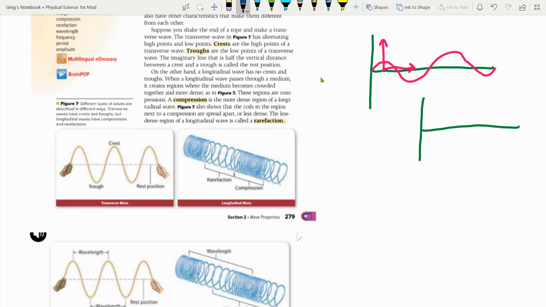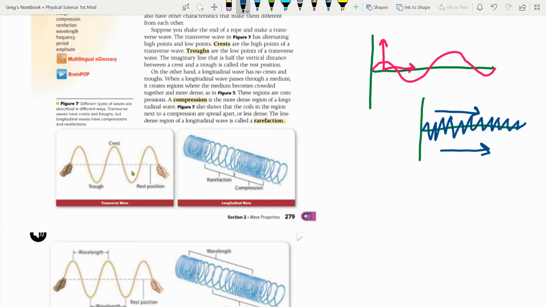Here's my compressional wave. Remember, it's laying flat on that rest until energy gets involved. And then my energy is going to cause the wave to do one of these things. There we go. And the energy here moves in the same direction as the wave. So at right angles, and then in the same direction.